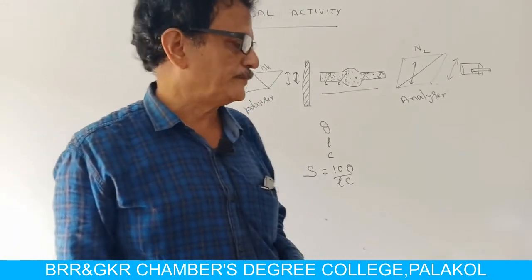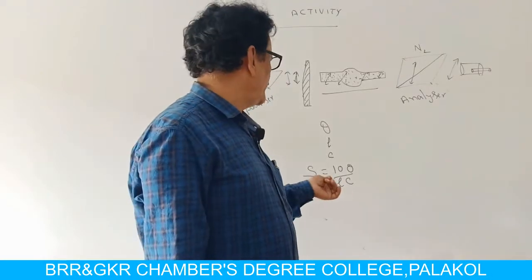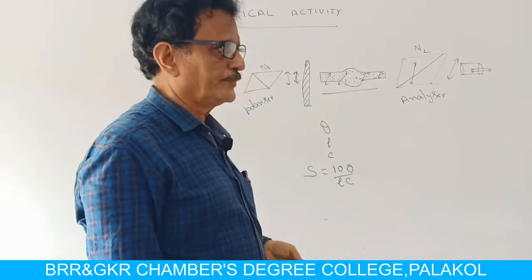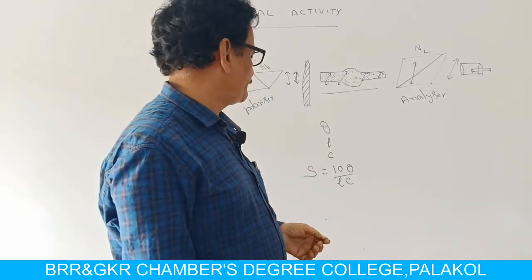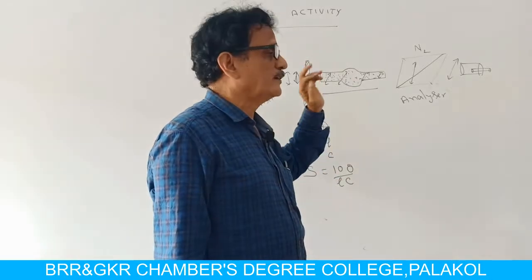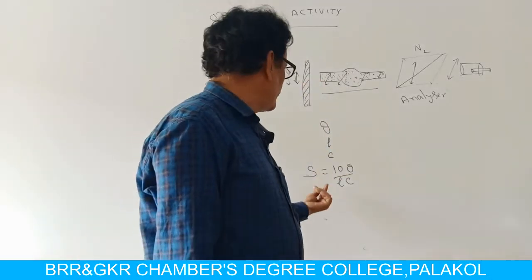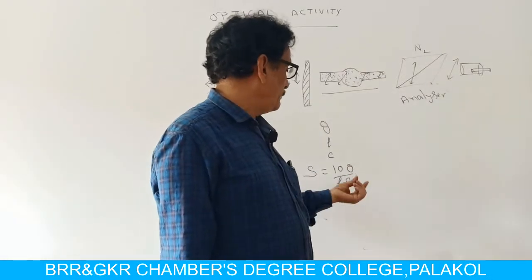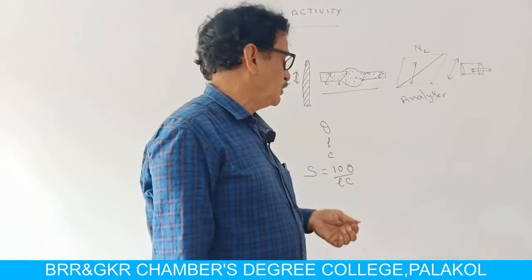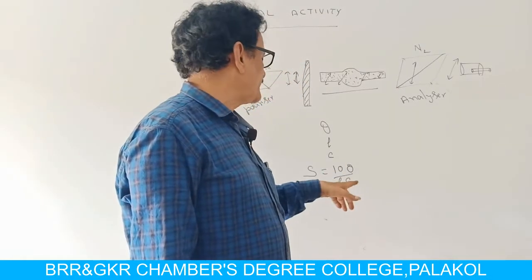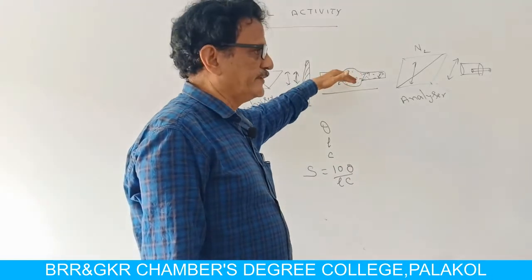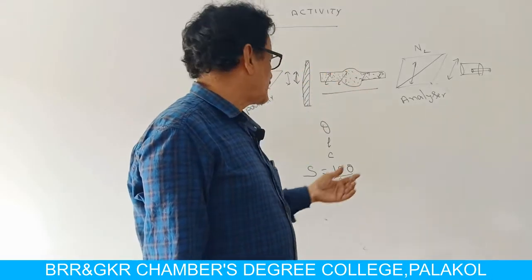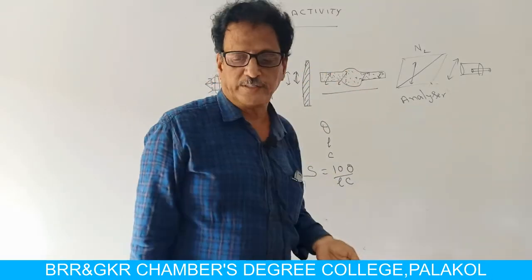If S is known, we can estimate the concentration of the sugar in the solution. By observing the value of theta, using the known values of S from previous experiments, we can estimate the concentration of sugar in the solution.